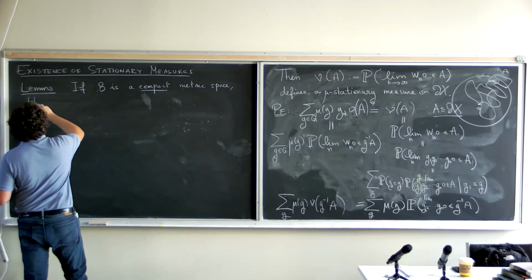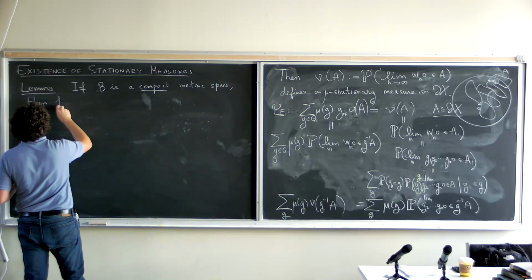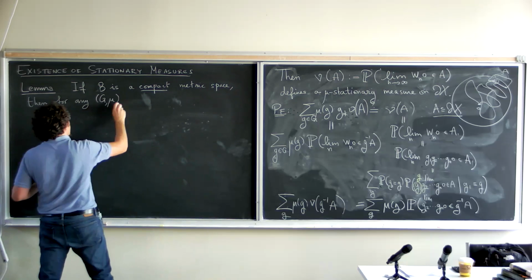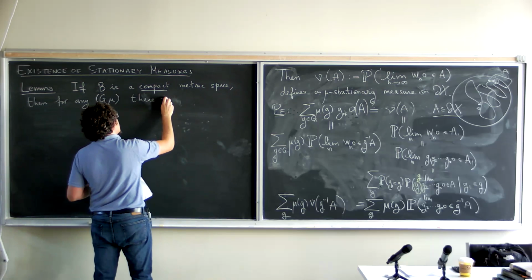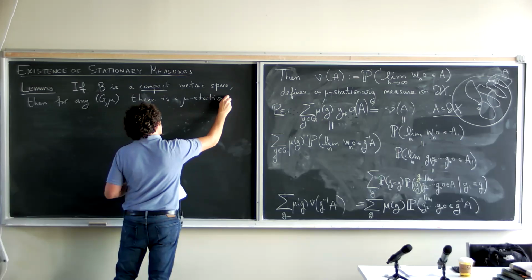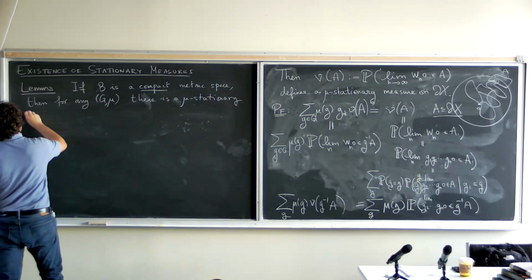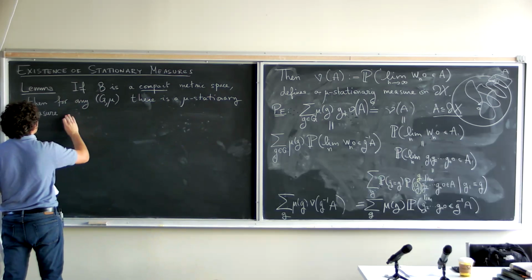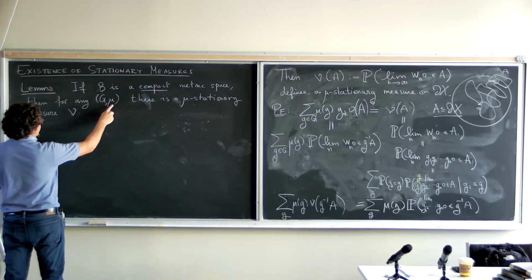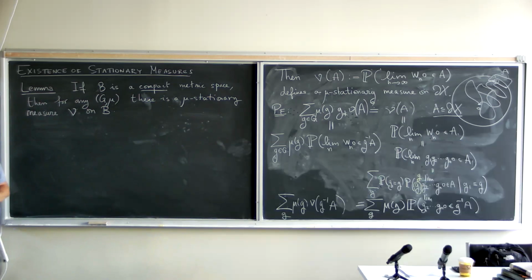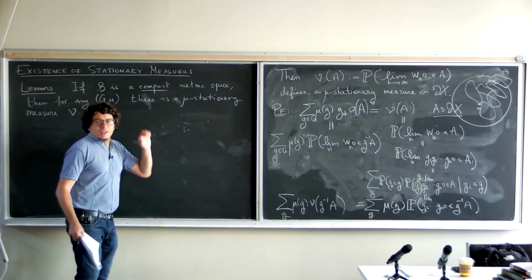then for any G and mu, there is a mu-stationary measure nu on B. And again, here the compactness is really important.